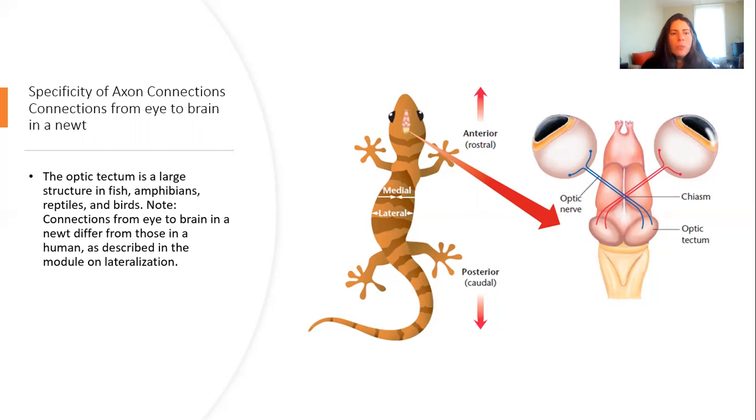And what he found was that these cells regenerated and grew back to their original target.